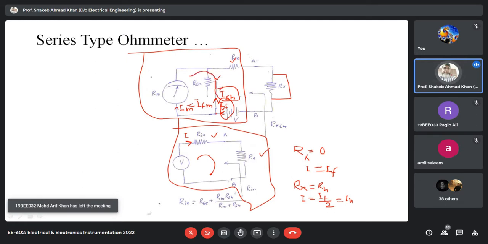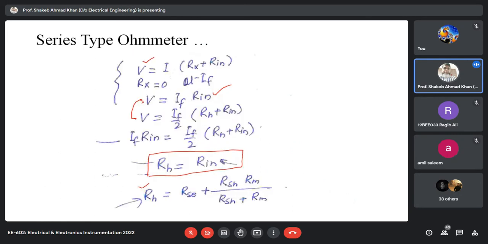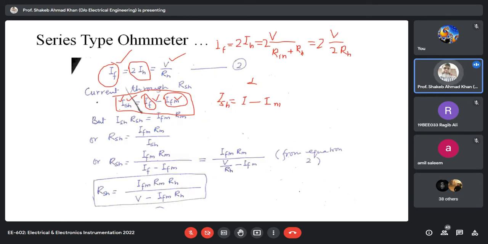So we should design a shunt resistance in such a way. So this is what I had written here: ISH is equal to maximum current drawn from the battery minus maximum current that is allowed to flow through the meter.